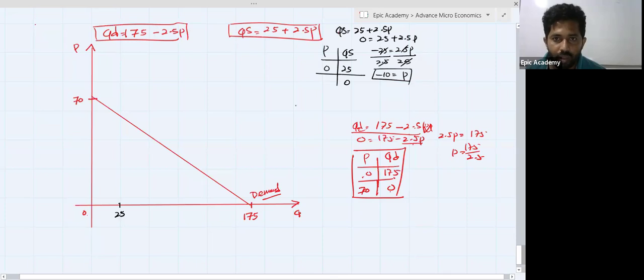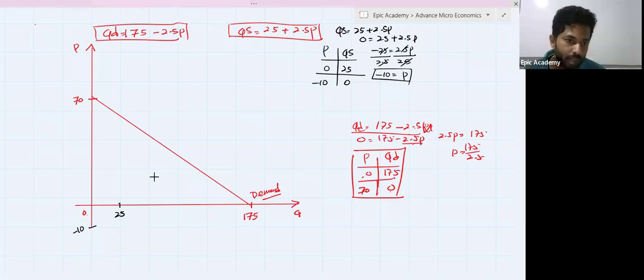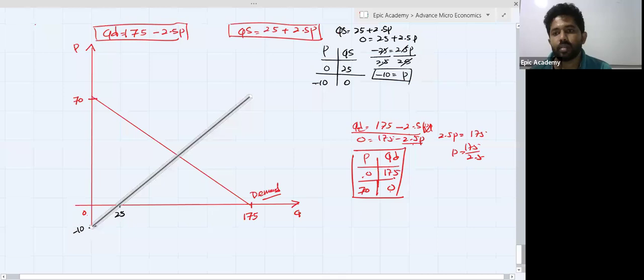So when QS equals 0, it is minus 10, here. So the curve must be something like that. This is the supply curve.